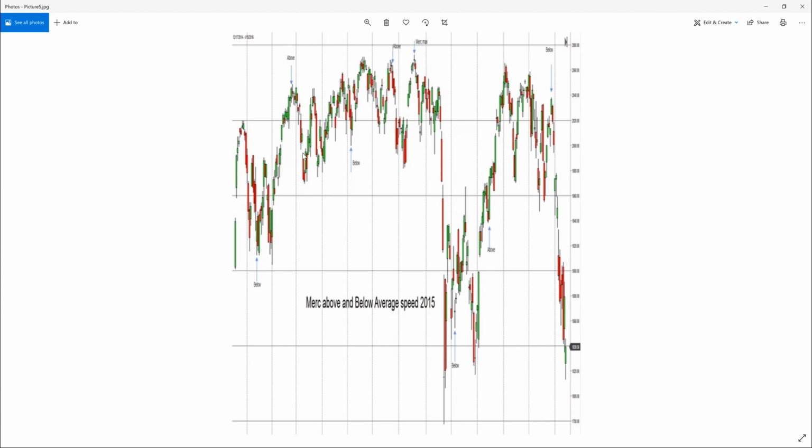And as you can see, this particular chart is from 2015. And I'm pulling these charts from different years just to show that these things work over and over as time goes on. But you can see that just about every one of these Mercury points was located at a significant reversal point.